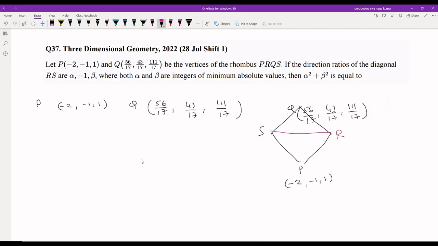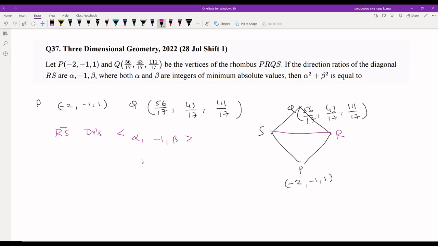Okay, now see, PQ is a diagonal, RS is a diagonal, okay? He is not following rules. He said RS is a diagonal and the DRs of RS diagonal are alpha, -1, beta, where alpha and beta are both integers of minimum values.